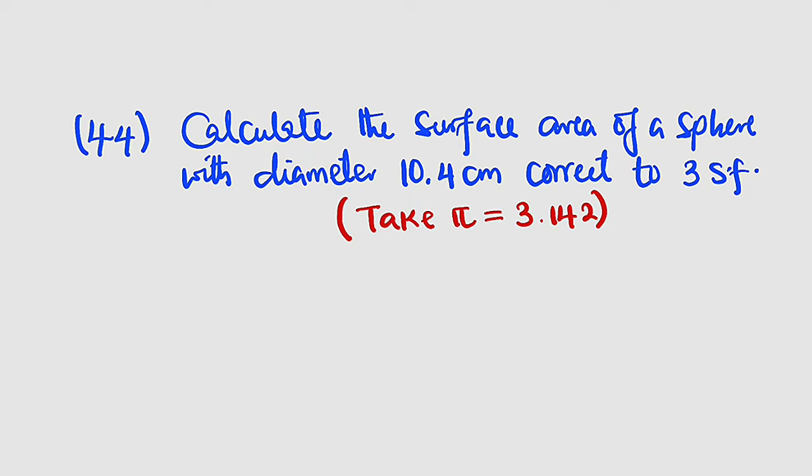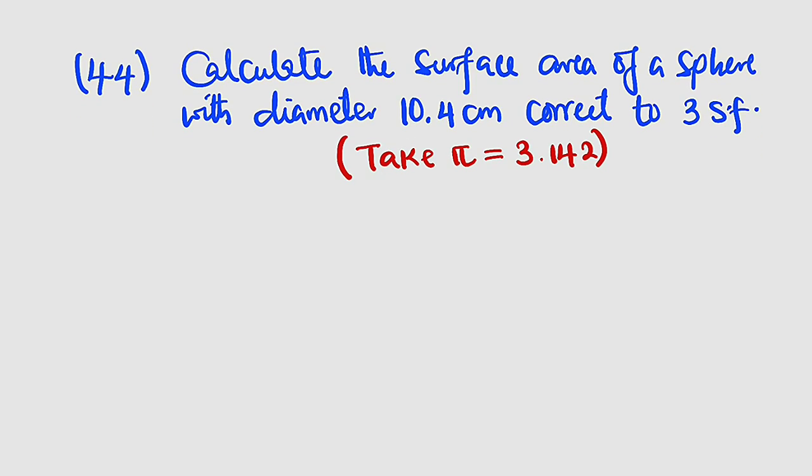Question number 44, we're asked to calculate the surface area of a sphere with diameter of 10.4 cm. Correct to 3 significant figures. We're asked to take pi as 3.142. Alright, formula is always very important. The area of a sphere is given as 4 pi r squared. Remember that diameter is given as 10.4.